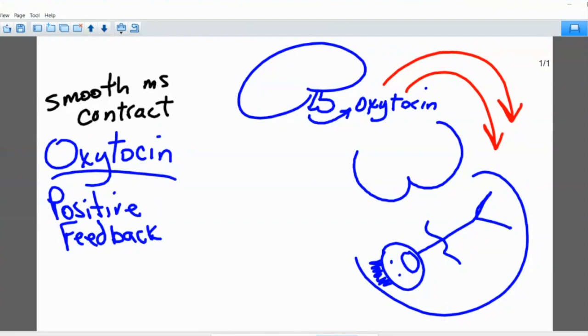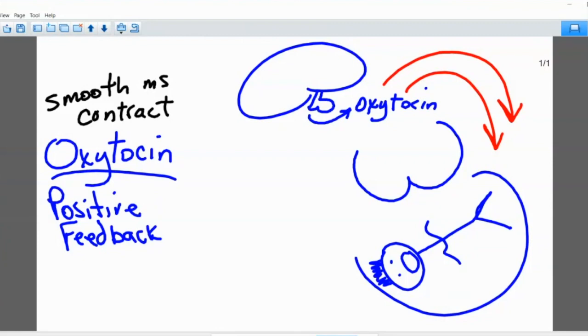There is smooth muscle in the uterus. There is smooth muscle in the glands of the breast, in the mammary glands. So whenever oxytocin gets in the blood and goes through the body and attaches to the uterus or attaches to the breast, it causes the muscle in that area to contract.